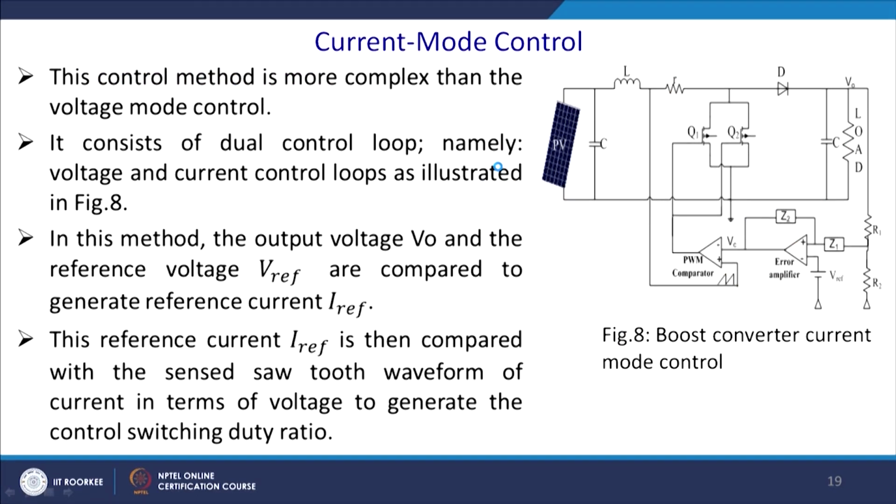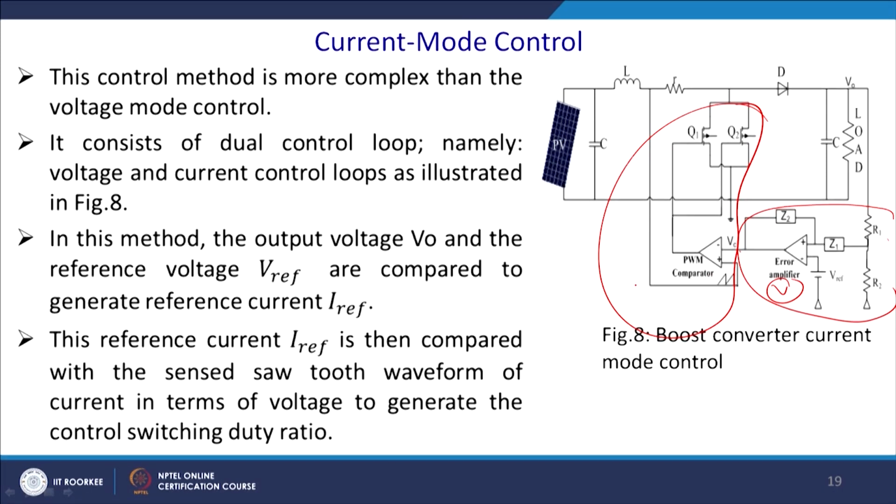So, in addition to the voltage control, you can have another loop. This part is the same as the voltage control. There are 2 kinds of this control, one is average current control mode, another is peak current control mode. This control method is more complex than the voltage mode. It consists of a dual control loop, namely the voltage and current control loop as illustrated in figure 8. This part of the control is the voltage control, and this part is the current control.